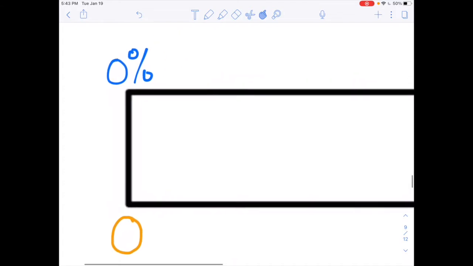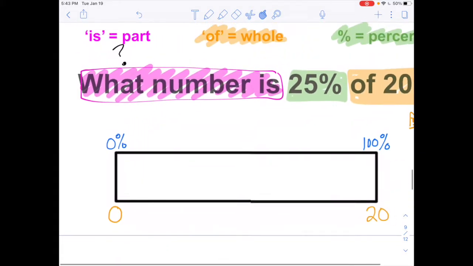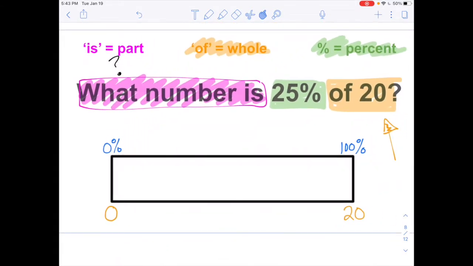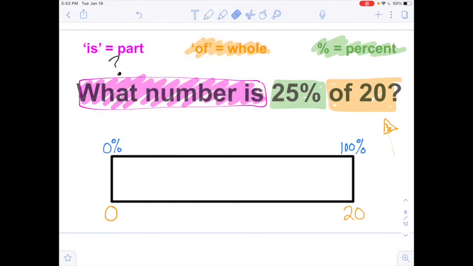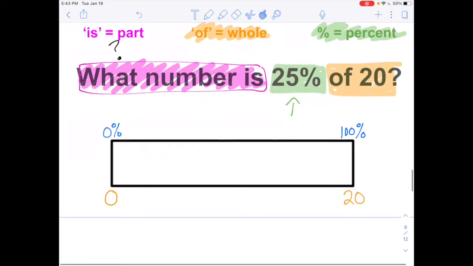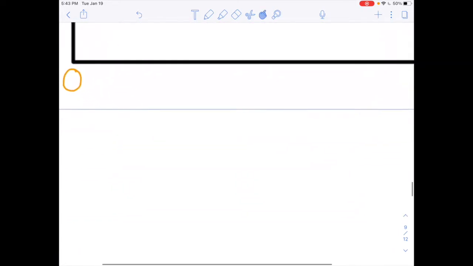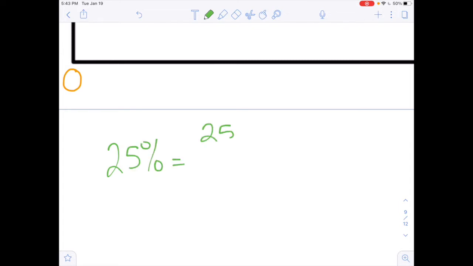All right, now we need to think about what 25% means. So I'm going to scroll down just a little bit. I'm finding the 25% because that was the percent in this problem. Right? So I'm going to write 25% as a fraction. 25% equals 25 hundredths, 25 on top of 100.